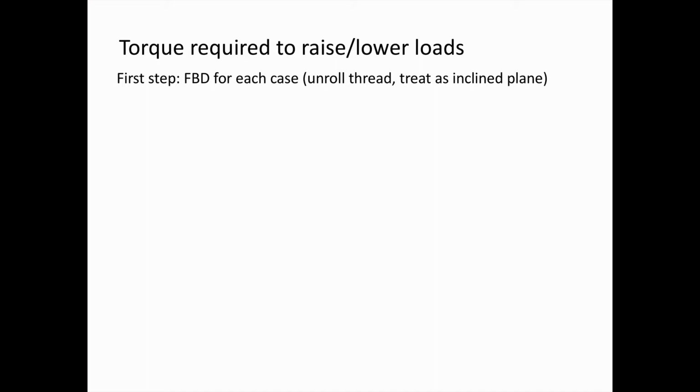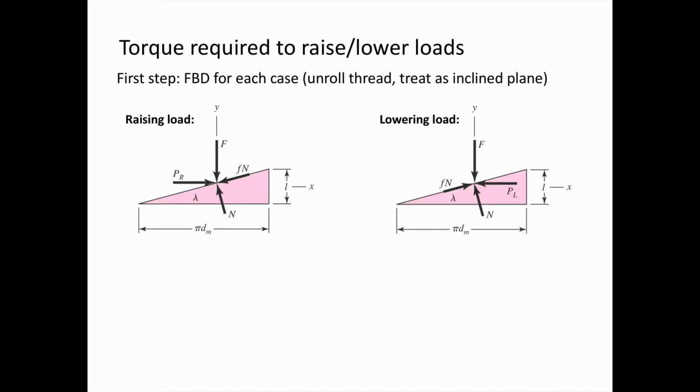The diagrams that we have here show the thread, imagine it unrolled from the screw, and then we can just analyze this as an inclined plane. So for example, if we have an object on this inclined plane and it's pushing down on the inclined plane vertically with this force F, then we can resolve the other forces acting at the point of contact with the inclined plane.